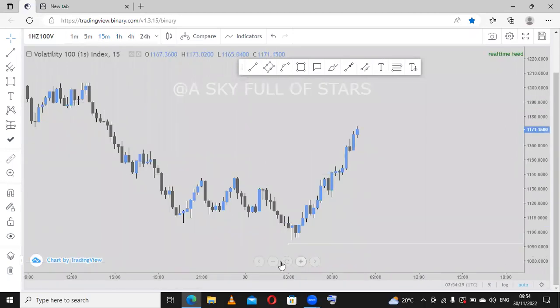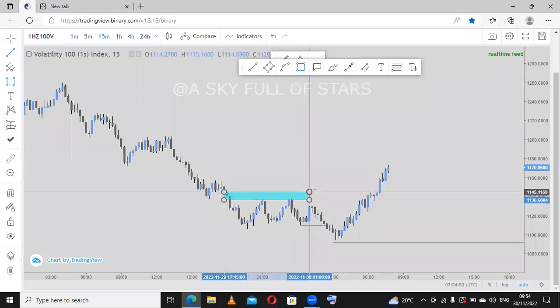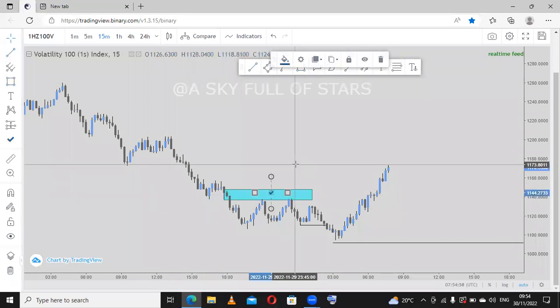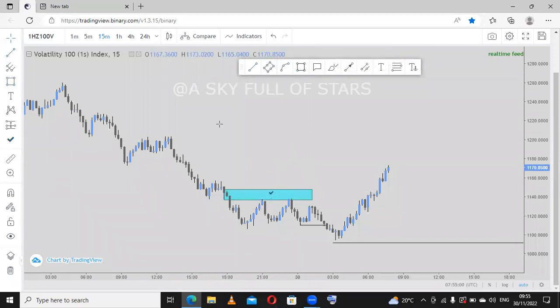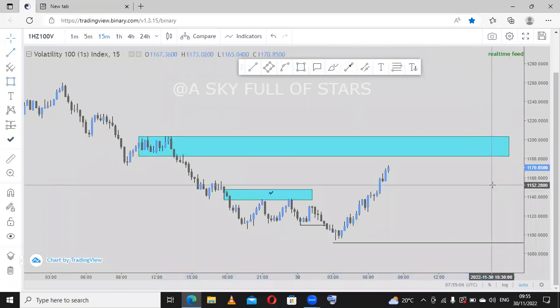Let me mark on here: a breakout structure, just a breakout structure, this one. So we did have this mitigation. We want price to violate this zone before we buy.